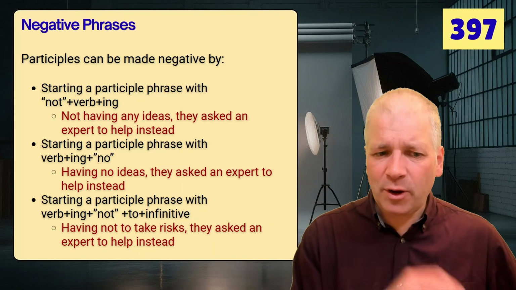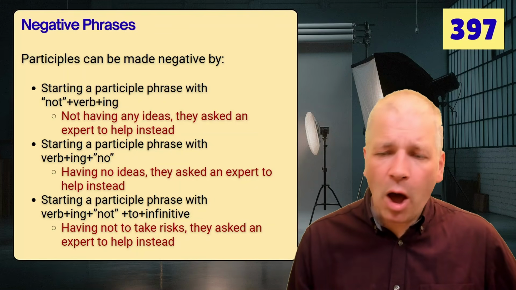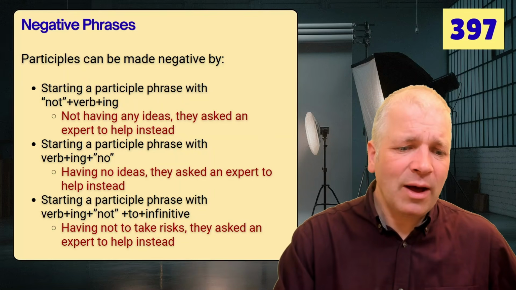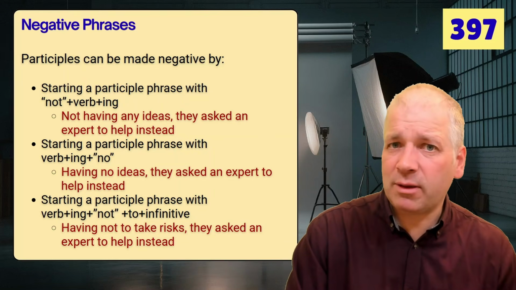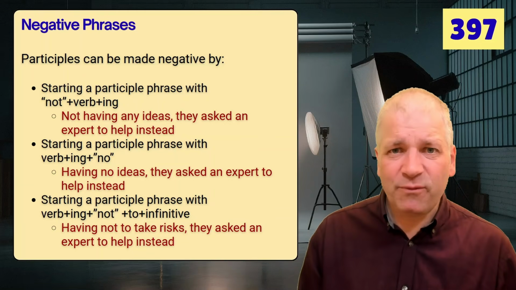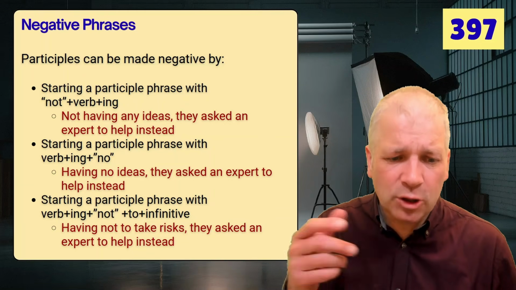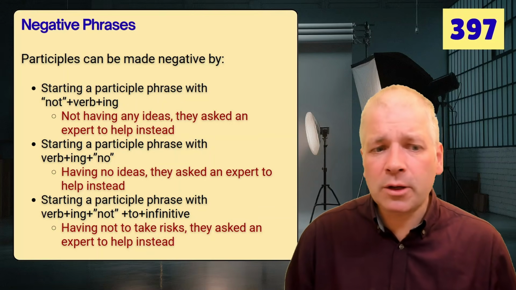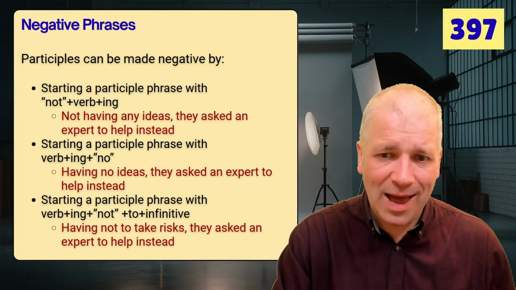So here we have the verb with ing and no afterwards. And also we can have not having to take risks if we have the to plus infinitive as a verb afterwards. Not to infinitive, no ideas, no noun.